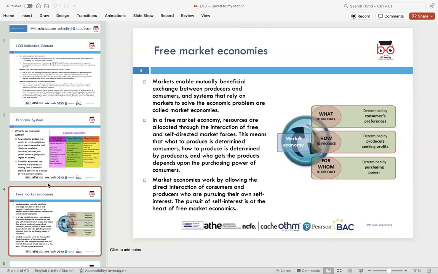The customers have an impact on the decisions of what to produce. The producers decide how to make it, and the distribution of products is determined by the purchasing power of the consumers. At the core of free market economics is the concept of self-interest as the driving force.